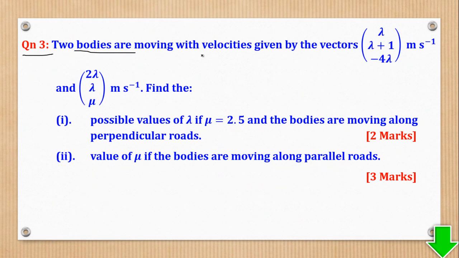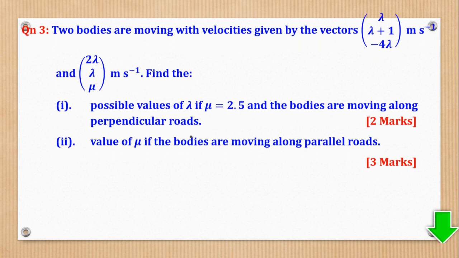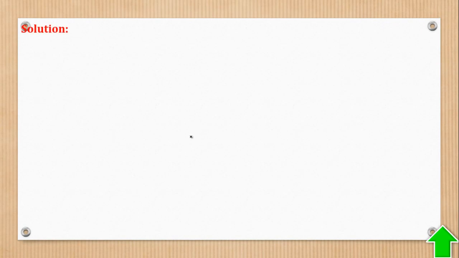Question 3. Two bodies are moving with velocities given by the vectors this and this. Find, Roman 1, the possible value of lambda if mu is 2.5 and the bodies are moving along perpendicular roads. There they want you to remember the condition for perpendicular vectors.